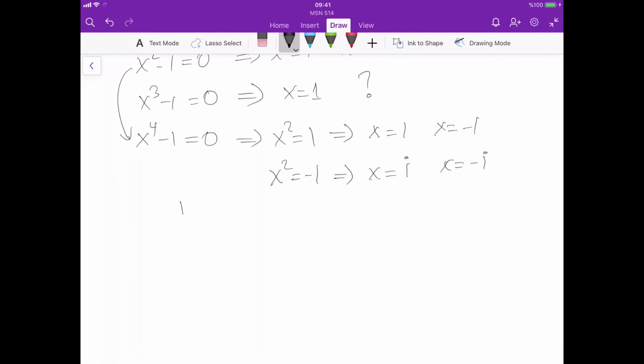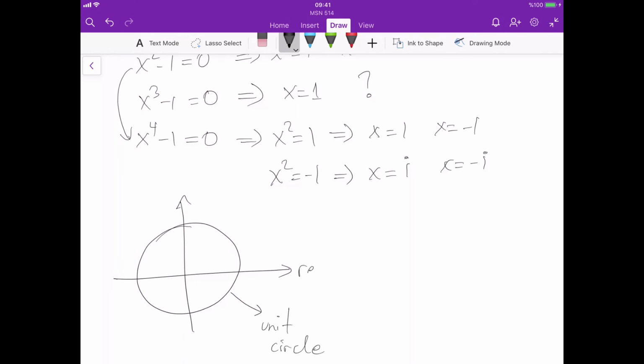So, if we draw this so-called unit circle in the complex plane, okay, real, imaginary. Anyways, generic.